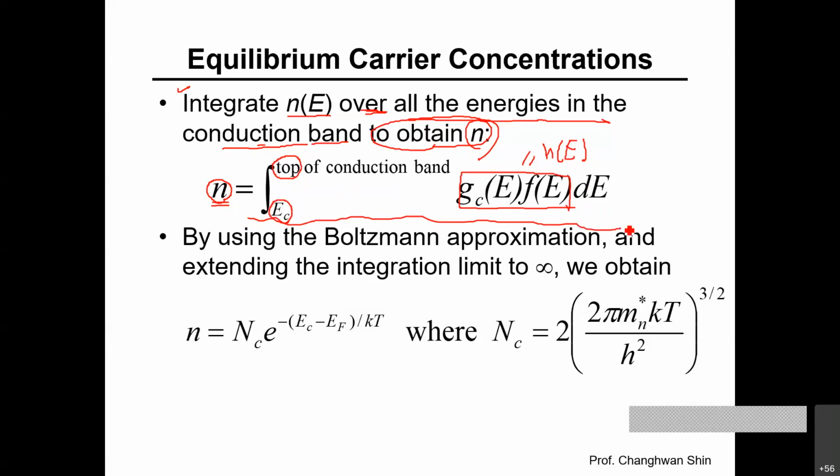But this integration cannot be solved by hand. It is not possible. So we should use the Boltzmann approximation to simplify the function f of E. And here, the top edge of the conduction band is not well defined. Well, physically we can define the top edge of the conduction band.